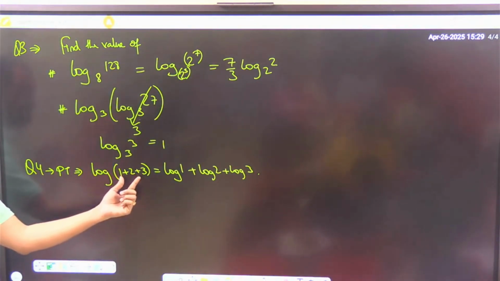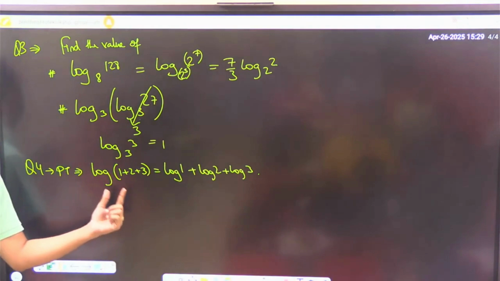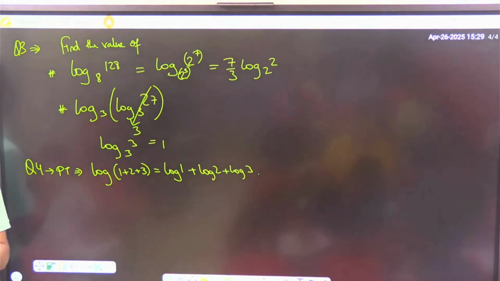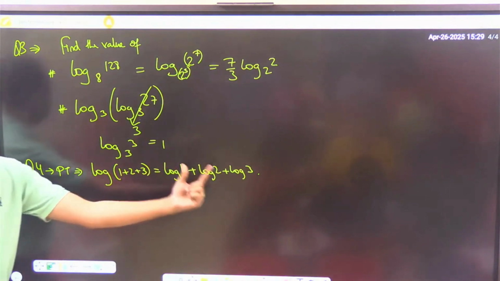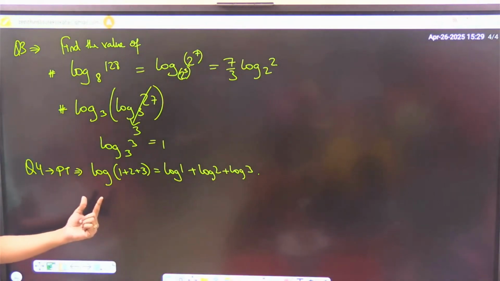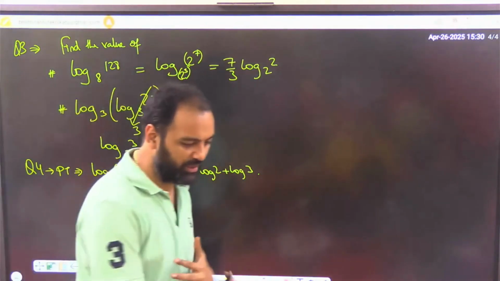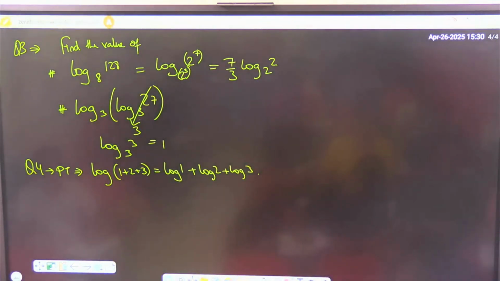What should we have over here so that we can split it out as a sum? We need the expression in the form of a product. Log of a product splits as a sum. But what is given? Log of a sum. So what should we do in this question to get it done? What will be the trick in the question?